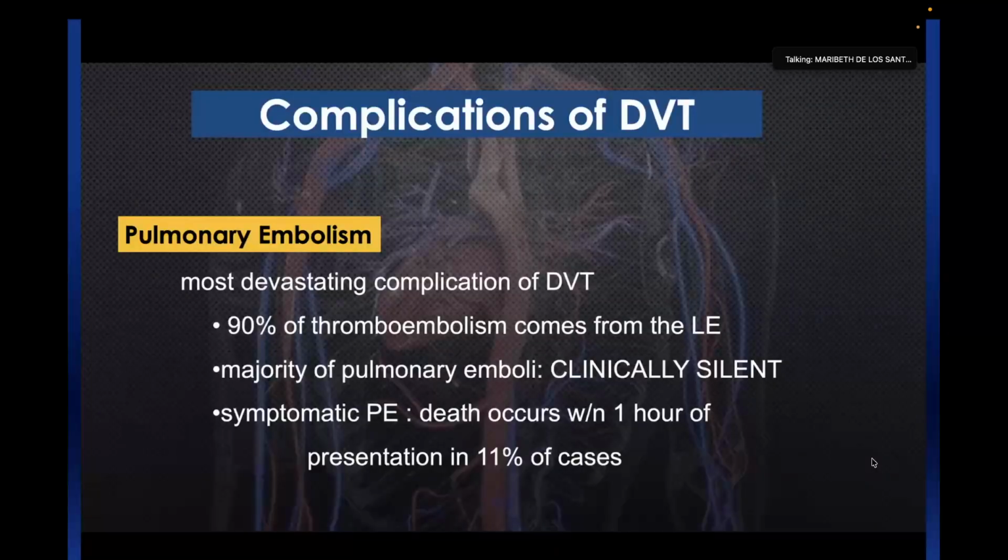That's why when you're entertaining pulmonary embolism, one of the tests that you have to request for is the venous duplex scan. Once the venous duplex scan is positive for deep vein thrombosis, we usually treat the patient as if the patient has pulmonary embolism.